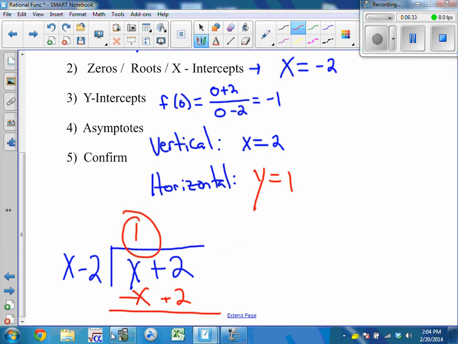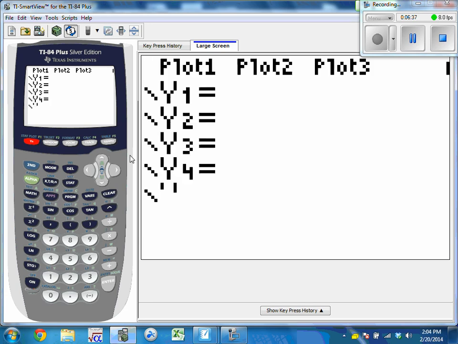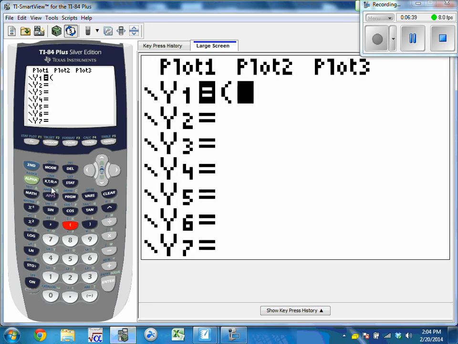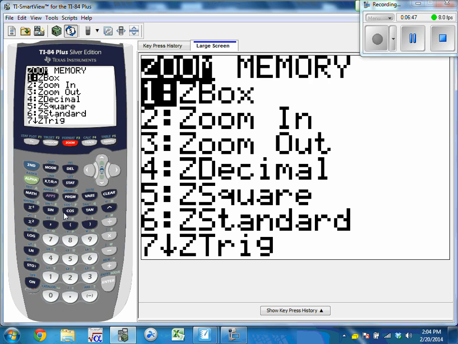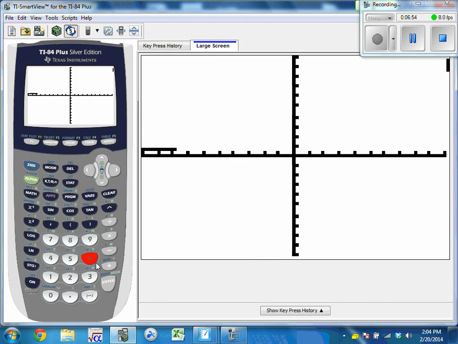So let's look at graphing this. We have x plus 2 divided by x minus 2. Let's do zoom 4 first, see what it looks like. Hard to see, so let's zoom out, zoom 6. So notice what we have.